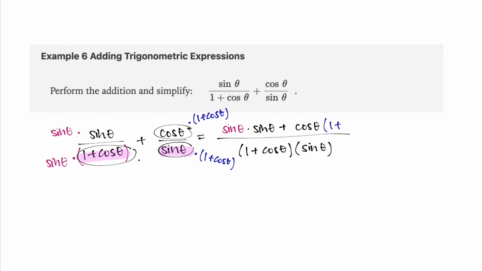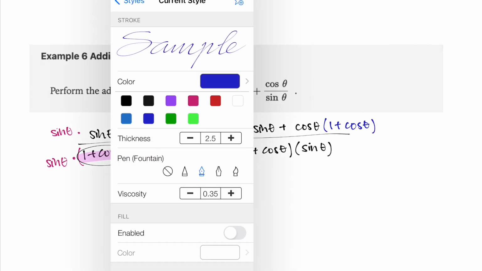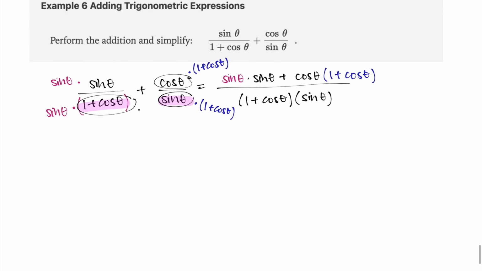What we're missing from our numerator here is 1 plus cosine theta. So now we can look at the entire expression that we've written on the right side of our equation. And we get sine squared theta plus cosine theta times 1 plus cosine theta, all over the original denominator that we had, which was 1 plus cosine theta.